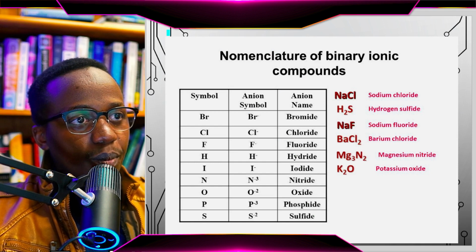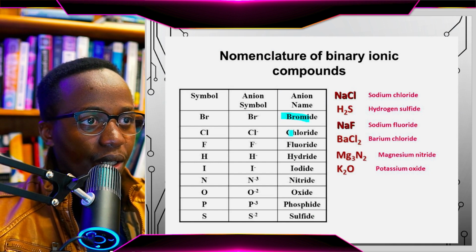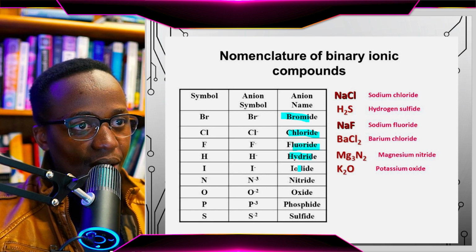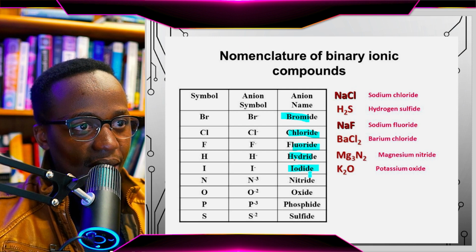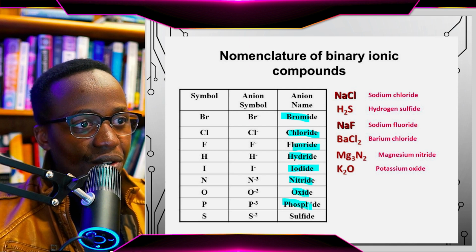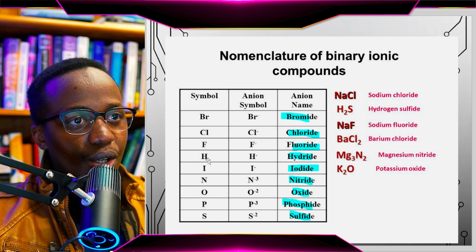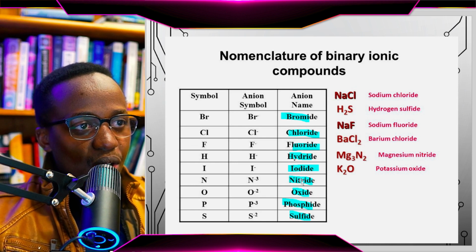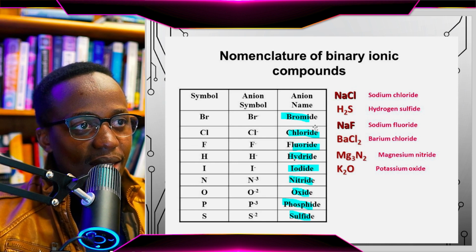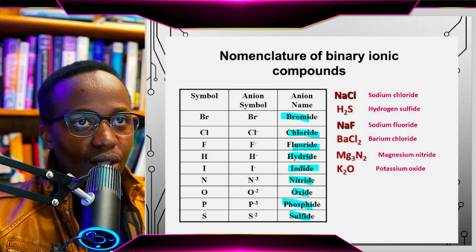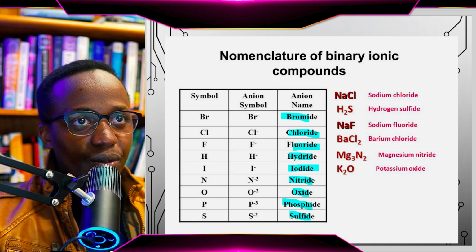Bromine is bromide, chlorine, chloride, fluorine, fluoride, hydrogen, hydride, iodine, iodide, nitrogen, nitride, oxygen, oxide, phosphorus, phosphide, sulfur, sulfide, right? So these are the non-metals. Again, it's just the stem, and then you add -ide. After you know these, you can name any of these non-metals.